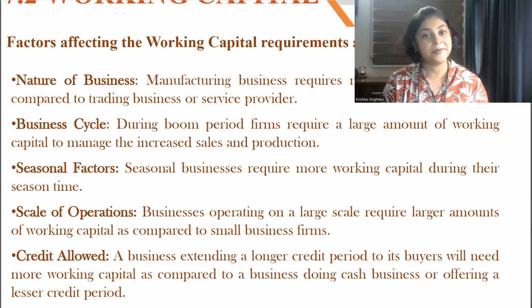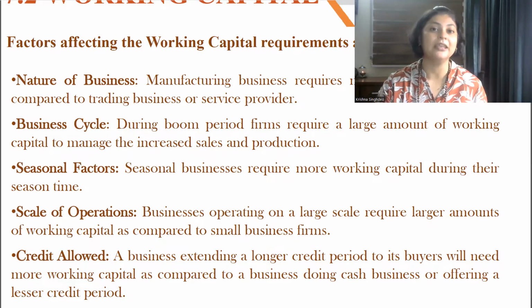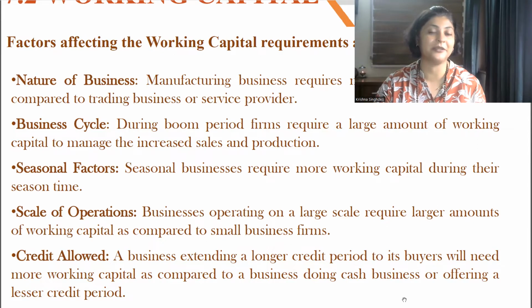Whereas if your credit period is shorter, you will get cash faster from your buyers and your requirement for working capital will reduce. So it depends on the credit period allowed. Longer credit period, higher amount of working capital required. Shorter credit period, lesser amount of working capital required.